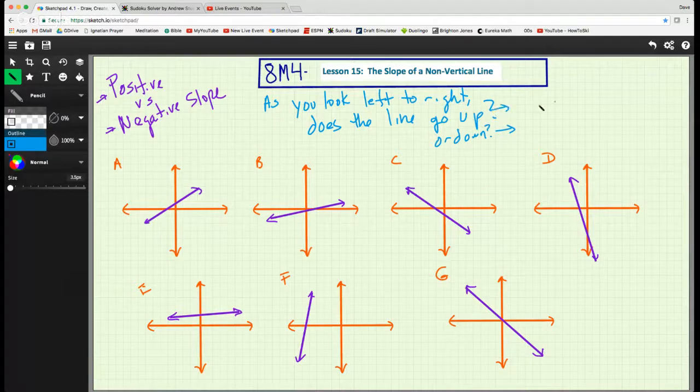And if it goes up, we have a positive slope. And if it goes down, we have a negative slope. We'll see more later on when we calculate these things why this is true.